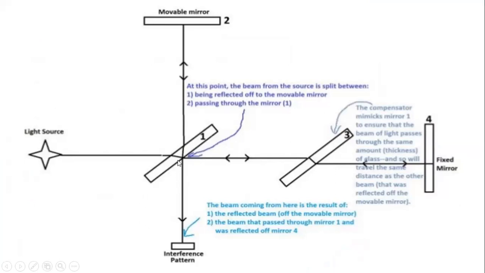The rays are reflected back from the fixed mirror, and the rays hitting the movable mirror are also reflected back to the beam splitter, and the interference pattern can be seen.